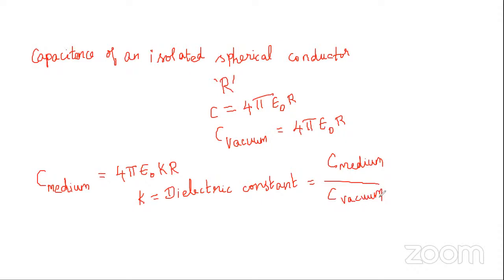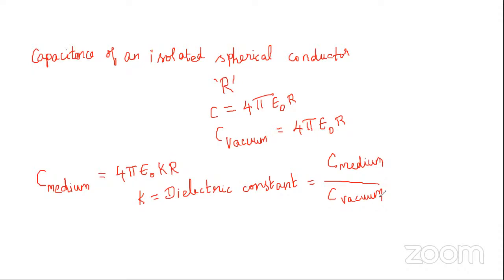You can use this formula to find the dielectric constant: the capacitance of the conductor in the medium divided by the capacitance of the conductor in vacuum. Here we have considered the isolated spherical conductor. For this, all these equations and formulas are applicable.